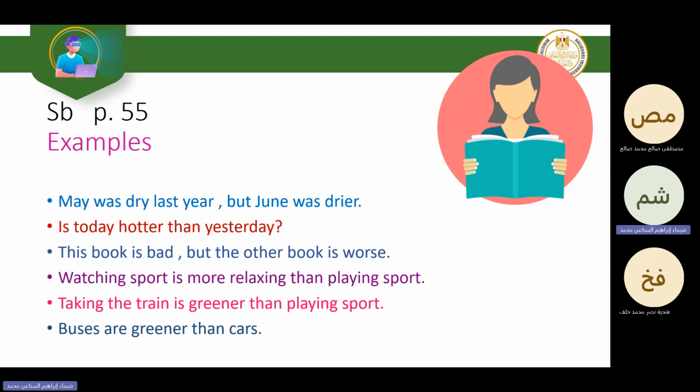June was drier than May. The following one, is today hotter than yesterday? It's a question. And we are comparing between today and yesterday. So we add ER to the adjective because it's short. Is today hotter than yesterday?